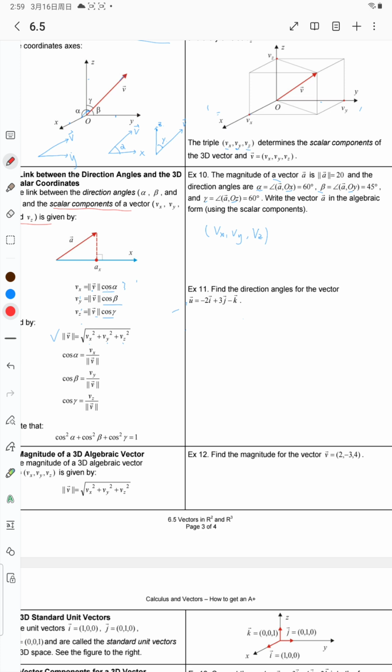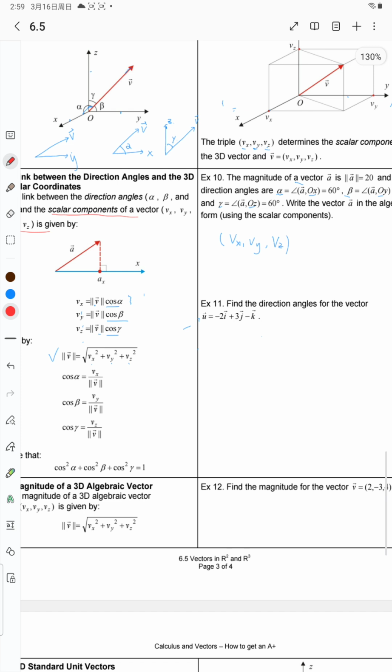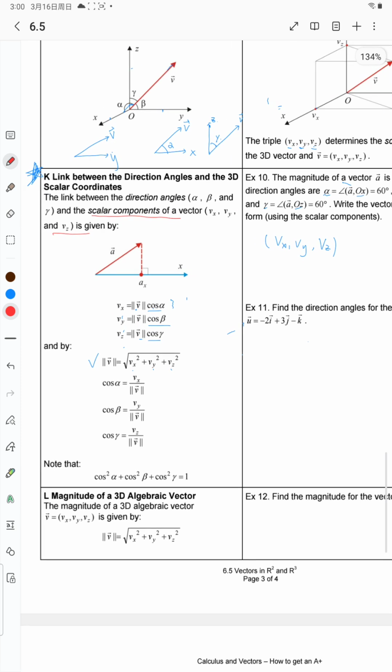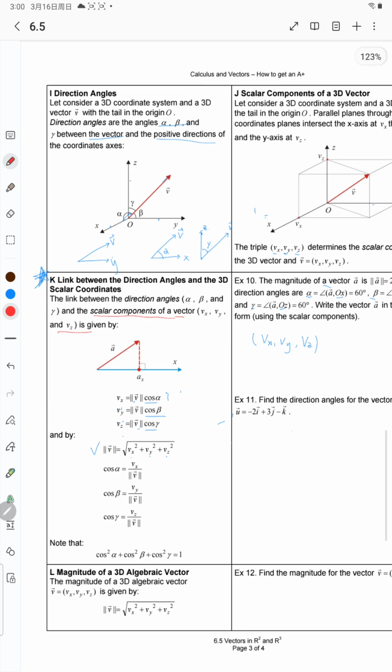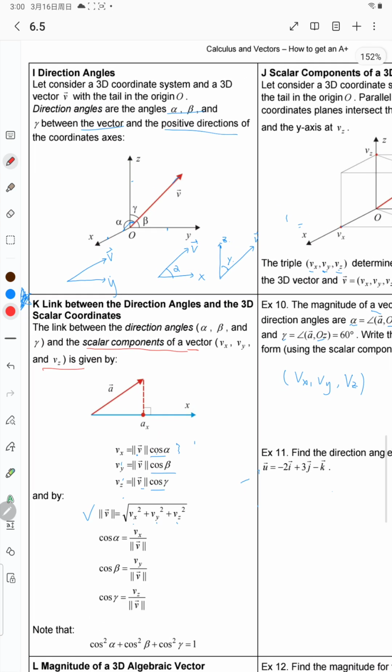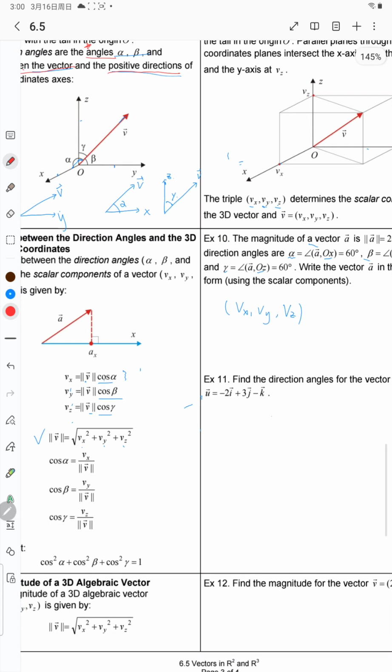Like here, the notation AOX is the same as the direction angle alpha, which would be the angle between the vector and the positive directions. So here the definition is the same.